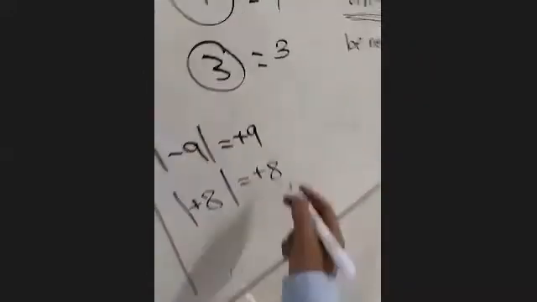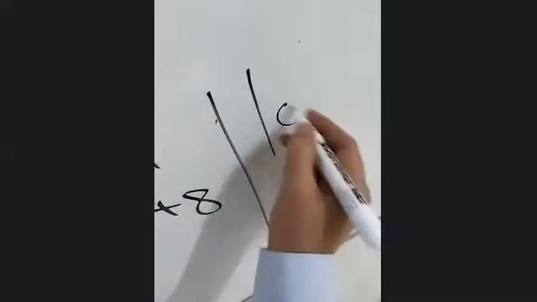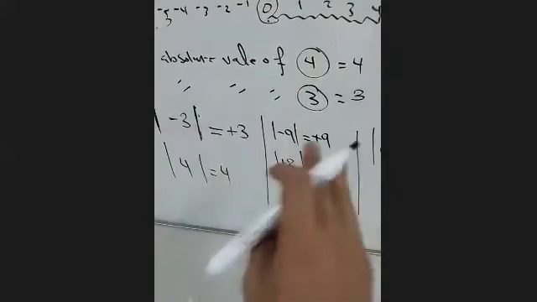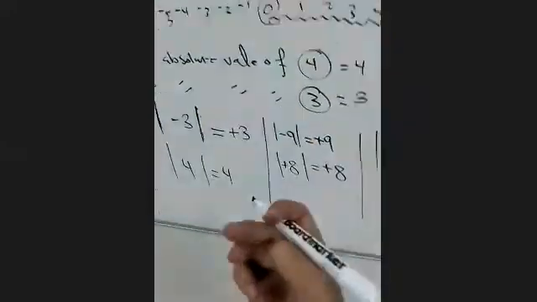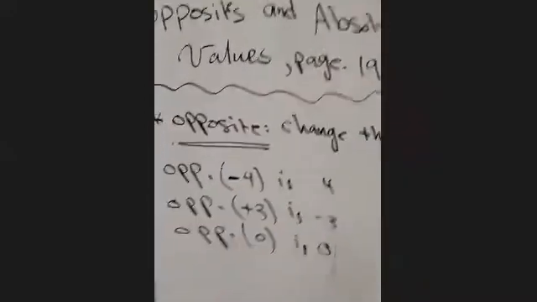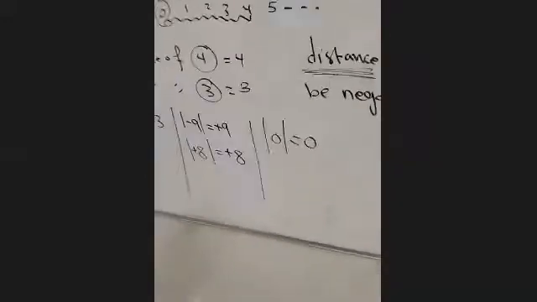And here, guys, absolute value of 0 is 0 also. So absolute value is always positive because it is distance, and the distance cannot be negative. But the opposite, no, just change the sign. This is the idea, guys. It's easy. Let's go to the examples and do some exercises together.